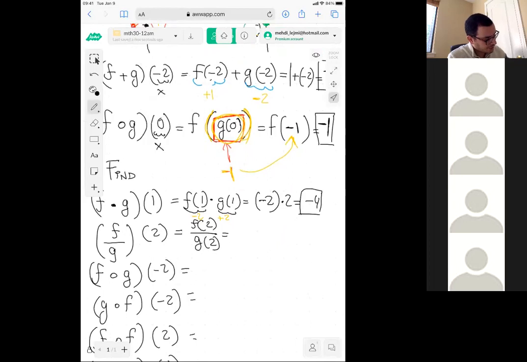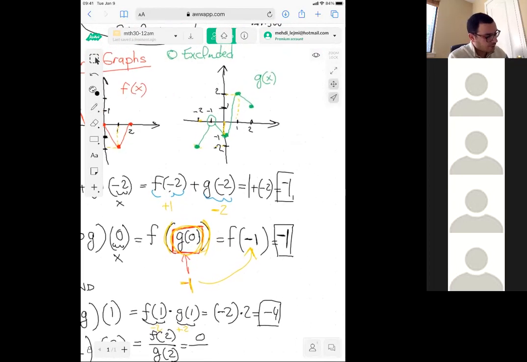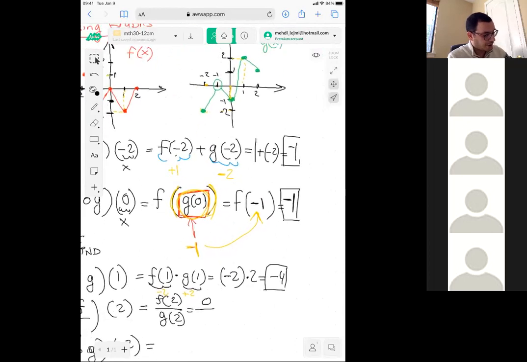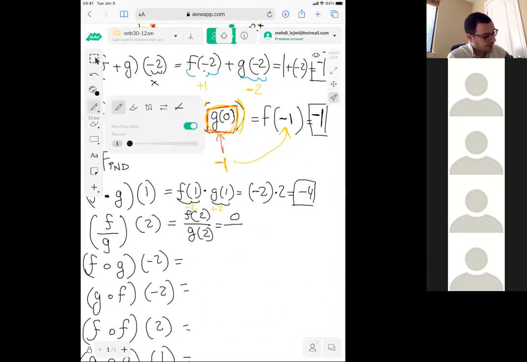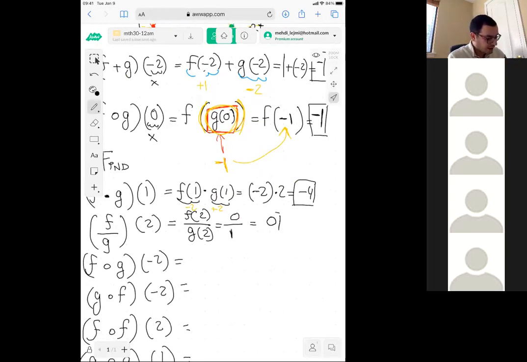So this is 0 over, and g of 2 is actually 1. So it's divided by 1. 0 over any non-zero number is 0. So your final answer must be 0.